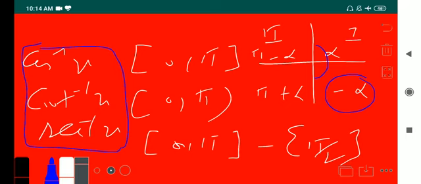Whenever x is positive, we will take it in first quadrant. Whenever x is negative, we will take it in second quadrant, and the second quadrant angle will be pi minus alpha. So whenever cos inverse x, cot inverse x, sec inverse x is negative, then the angle will be pi minus alpha.